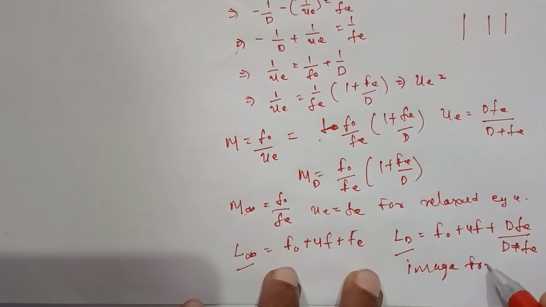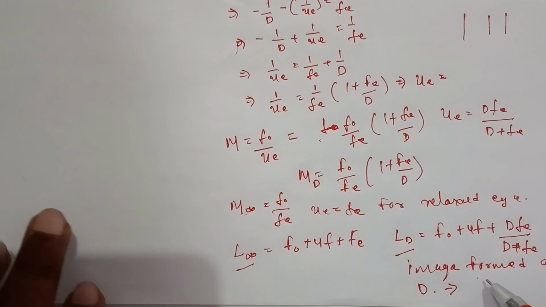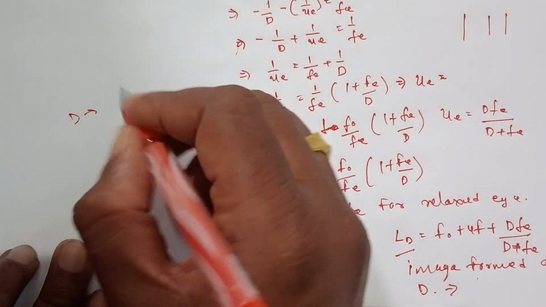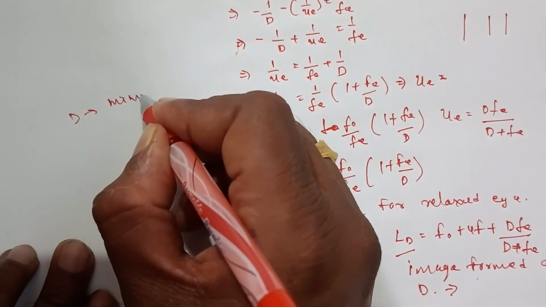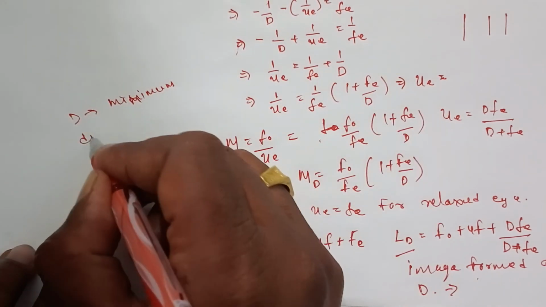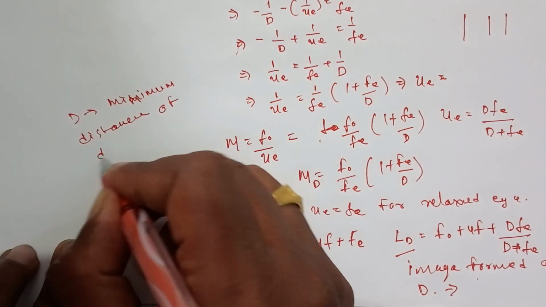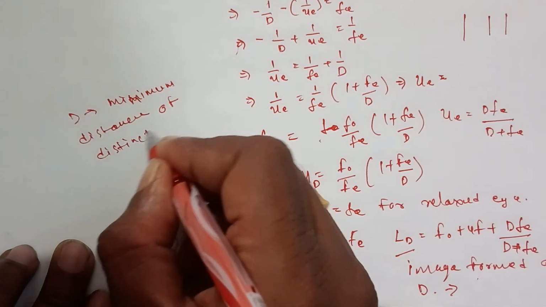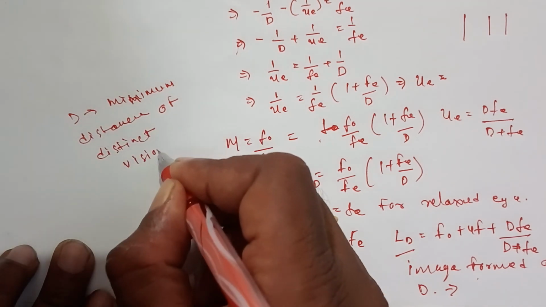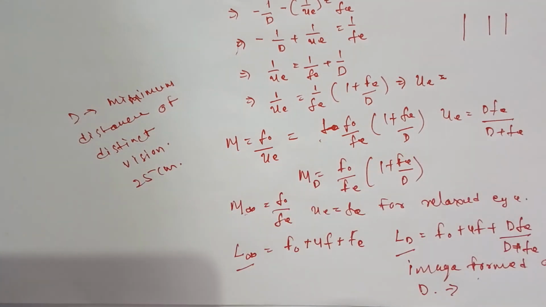D means the minimum distance of distinct vision. For a normal eye it is 25 centimeter.